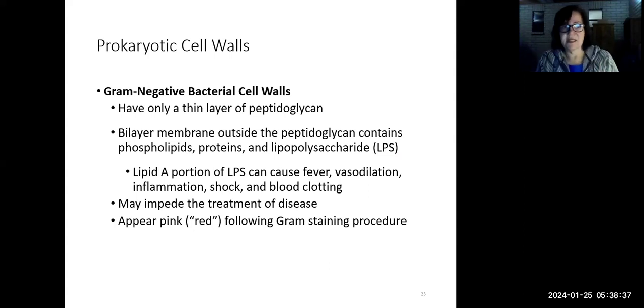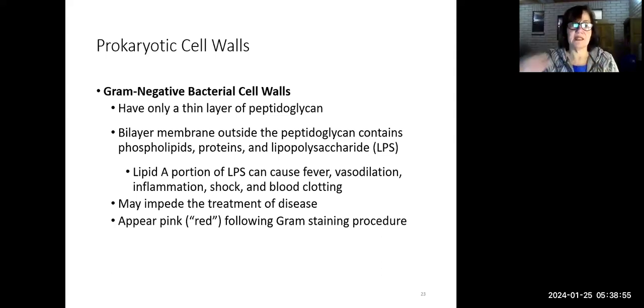That was gram-positive. Now we're going to turn our attention to gram-negative bacterial cell walls. They do have peptidoglycan, like the gram-positive cell walls, but there's less of it, so not as many bricks thick.